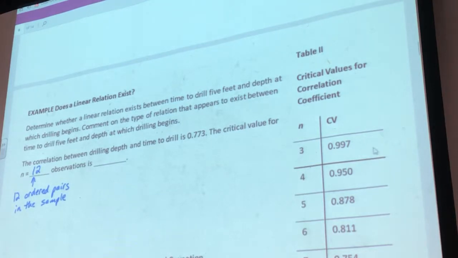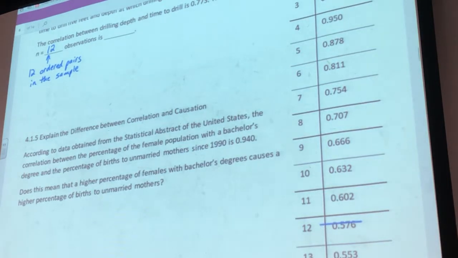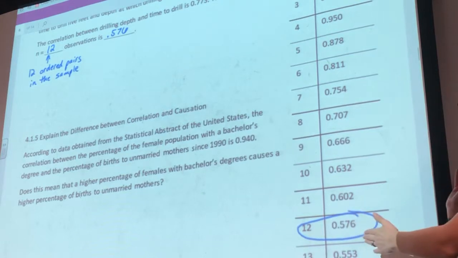So if my n is 12, my critical value is 0.576. Alright, so that's my cutoff point. It's 0.576. Anything greater than that is considered linear.